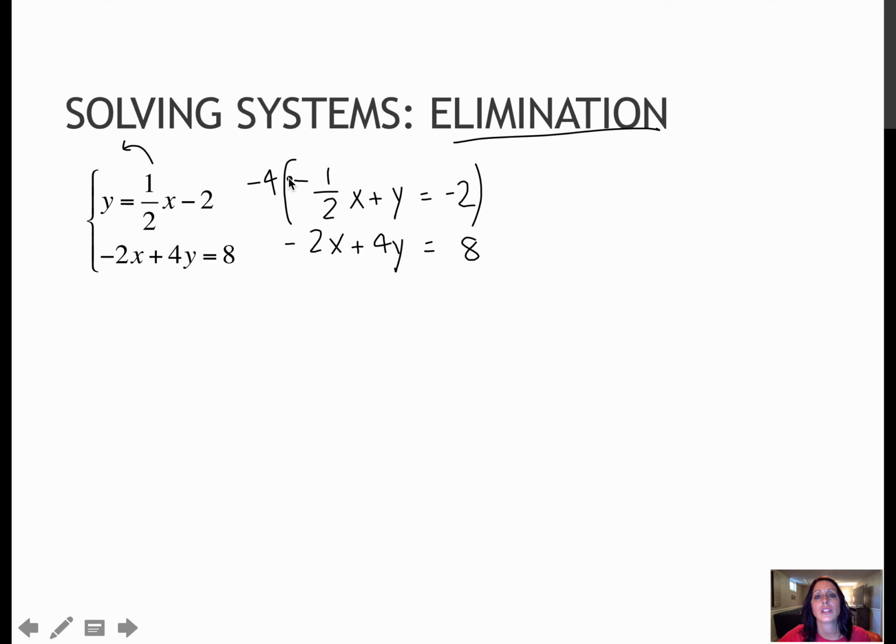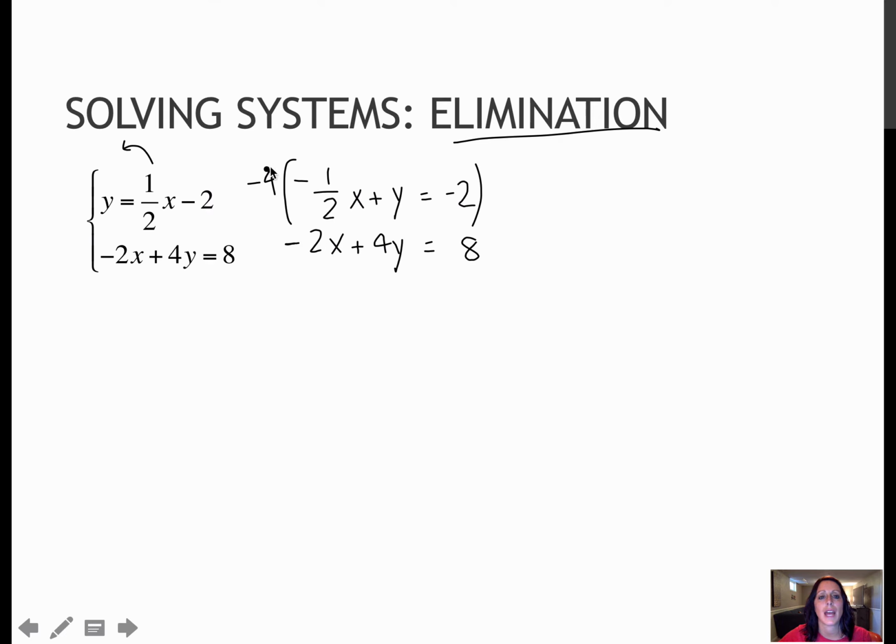Now, why did I just make up negative 4? I said I want negative 1/2 x. I want to multiply it by something that will first make it positive, since this one is negative, and that's why I chose the negative. And then I said, what could I multiply by 1/2 to make it positive 2? So obviously, if I choose negative 4, half of negative 4 is negative 2, and then of course that other negative makes it positive.